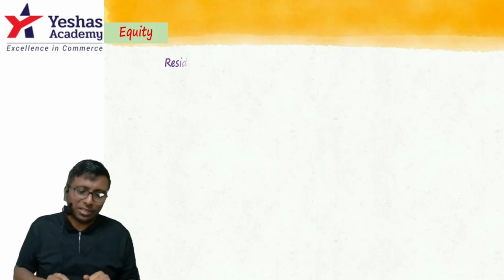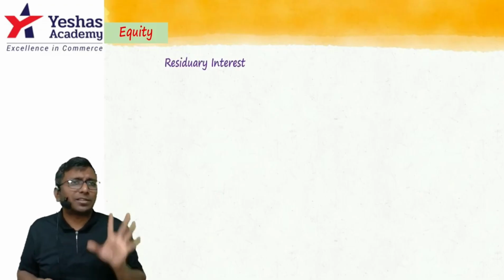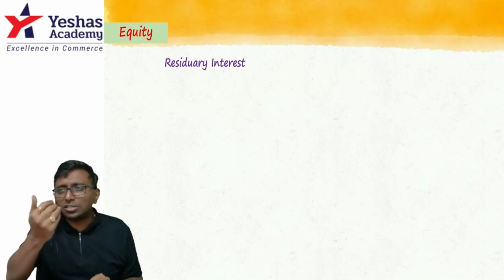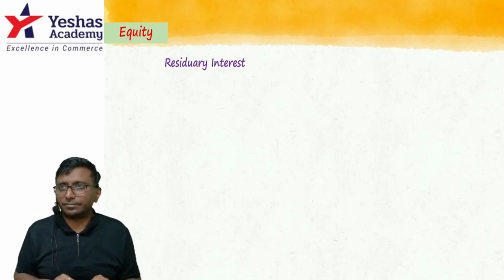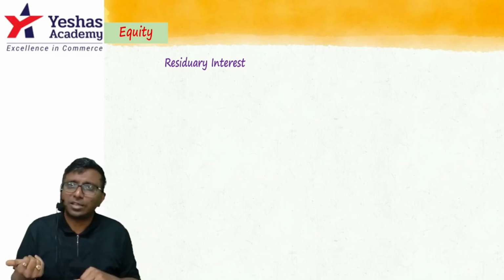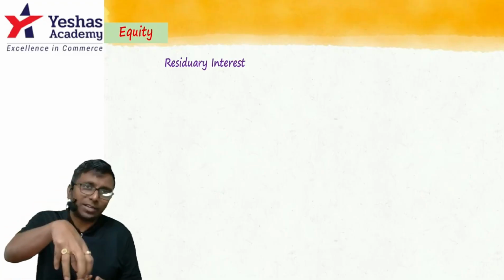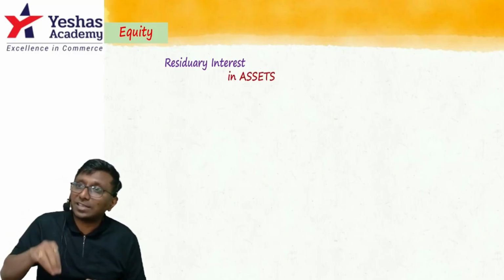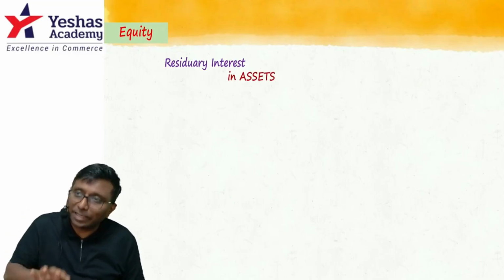What is equity? Equity, in simple words, is residuary interest. I can tell it two ways. One way: which is not liability, that is equity. The other way: residuary interest in the assets after deducting the liabilities.